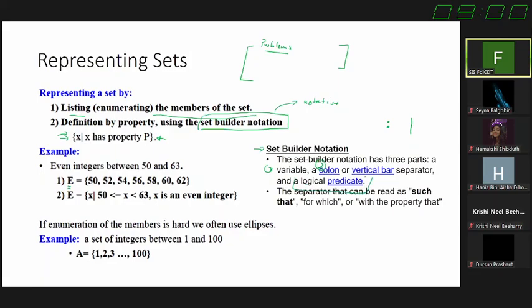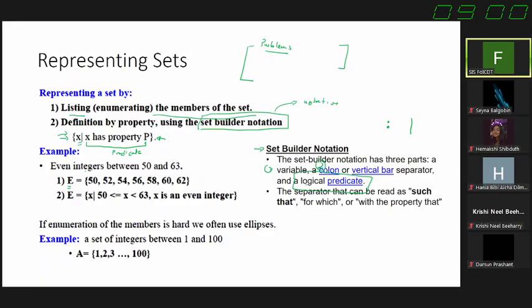We're going to explain the logical predicate in another chapter, which is very important. The bar that you can see here is the separator, and that separator simply says "such that", and you have a variable here. So it is very important to understand this element. We're going to talk a lot about this in the coming chapters.